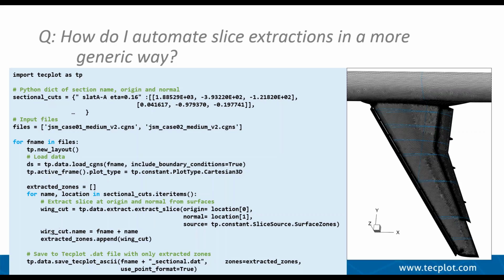This is a zone object, so we can rename it directly with the file name and the name of the slice. Then we create a list, and this line is creating a list of zones to export. And finally, we will be saving a Tecplot ASCII file in point format, exporting only the zones that were extracted.